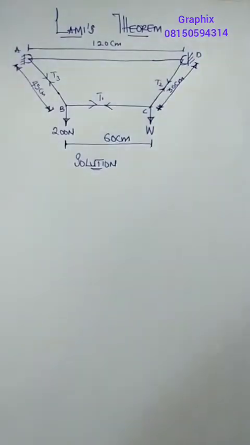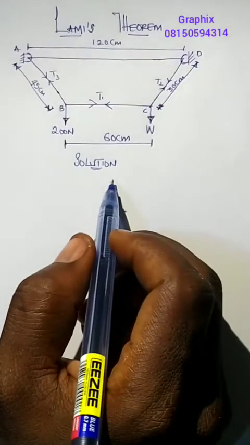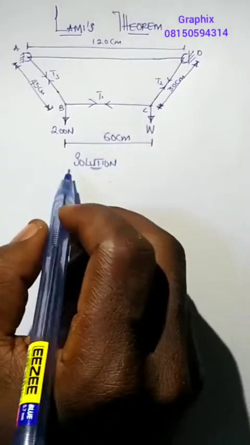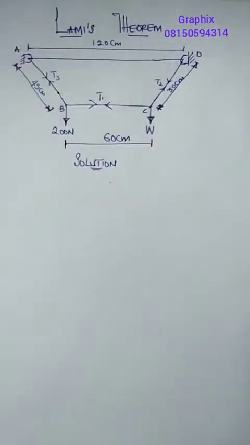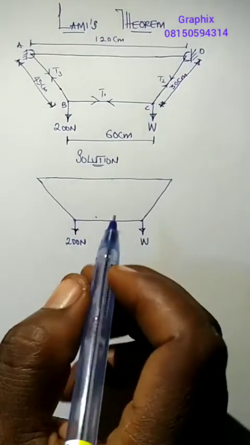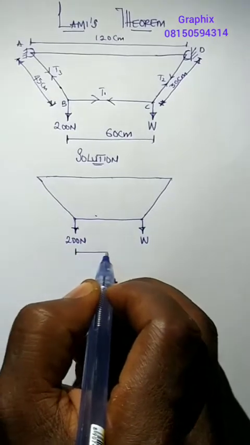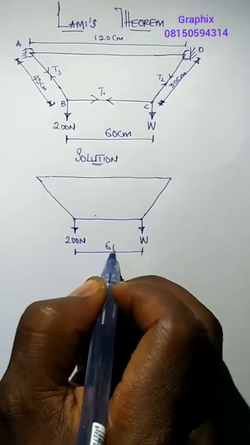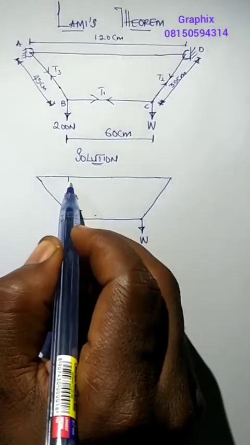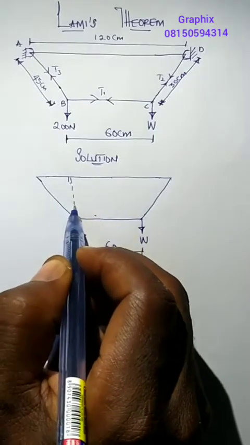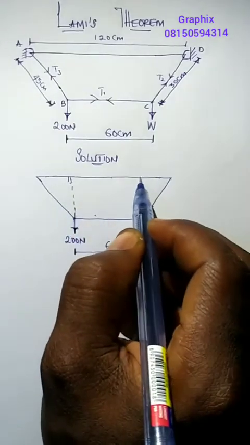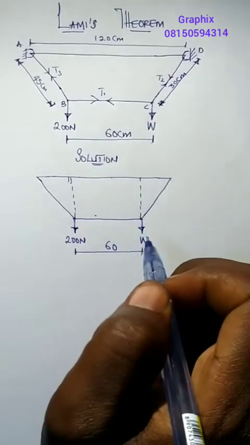Start again. So if I am to draw this, I'll be having something like this. So we know that from here to here is 60. So if I divide this like this, right?